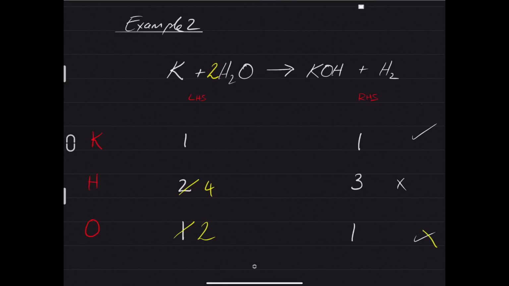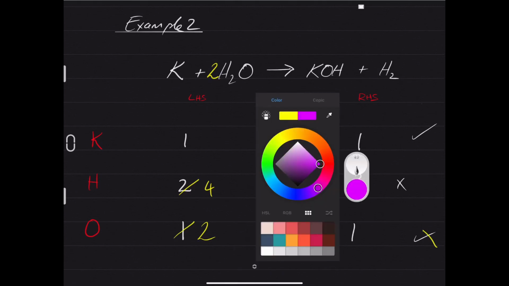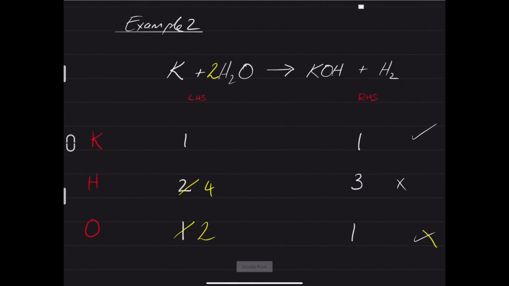So let's move over to the oxygen. Because now, if we look at the left-hand side, we have 2 oxygens present and 1 oxygen present on the right-hand side. So again, let's try and take the smallest whole number coefficient possible, and let's put a 2 here.